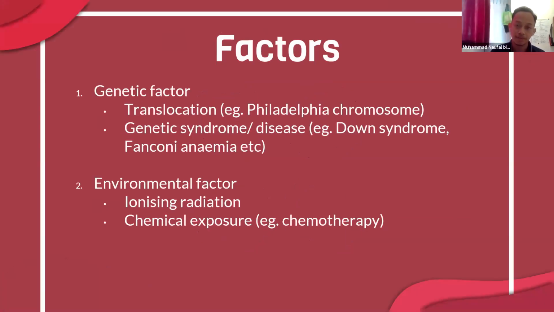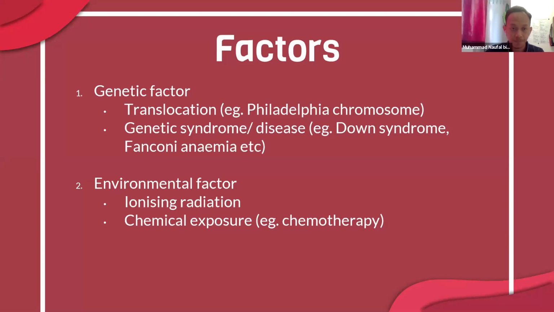Next I will present about the risk factors. So actually the exact cause of leukemia is still unknown, but there are some factors that are associated with leukemia. The first one is genetic factors like translocation, such as the Philadelphia chromosome, and also underlying genetic syndromes or diseases like Down syndrome and Fanconi anemia.